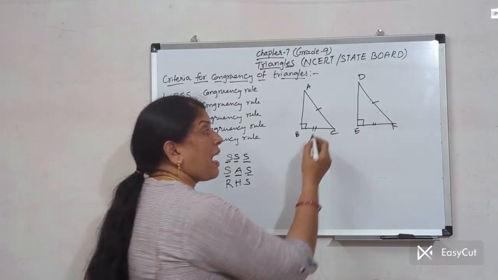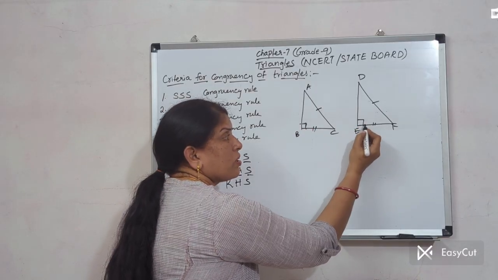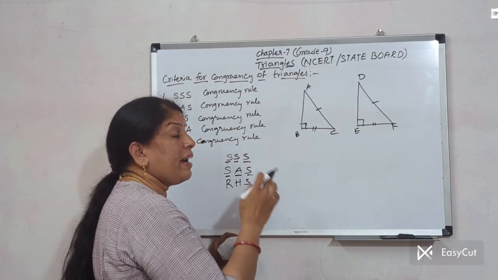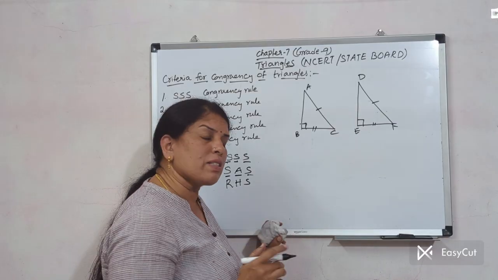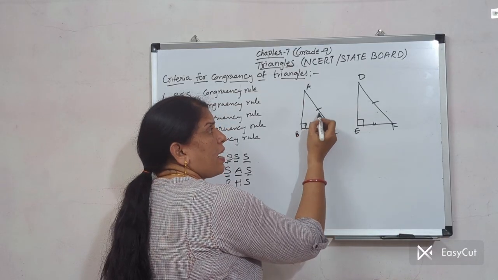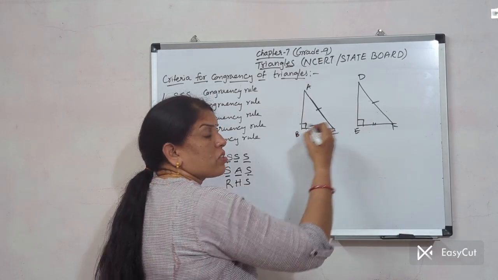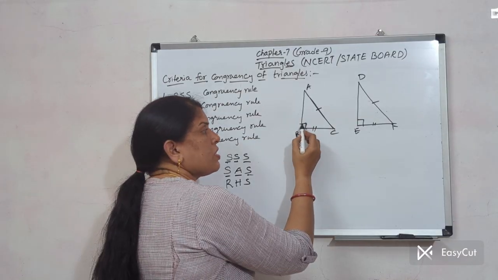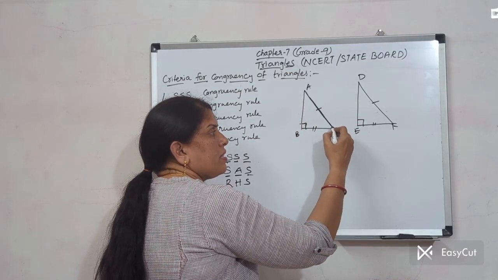See, ma, listen here, both the triangles should have a right angle and the hypotenuse also must be equal. Hypotenuse is what? Opposite to the right angle, the longest side, is called the hypotenuse.